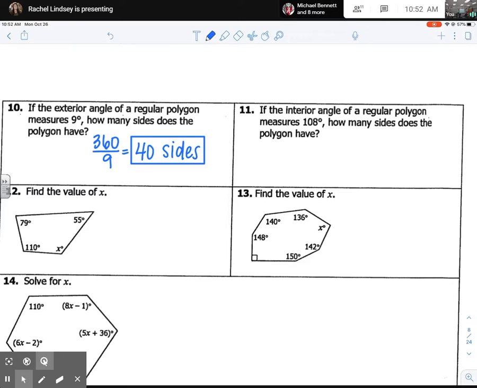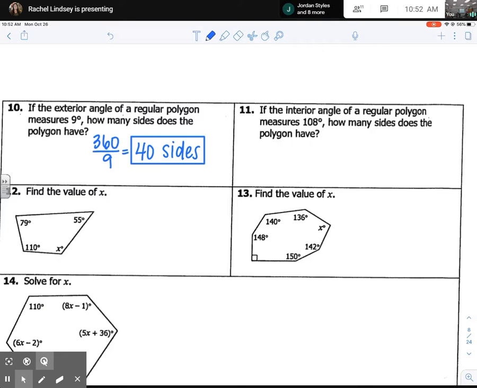Okay, if the interior angle of a regular polygon is 108, how many sides does that polygon have? With this one, it's talking about interior angles. We can't do this with interior angles because we don't know the number of sides and we don't know the sum of all the angles. So we are going to change this to an exterior angle problem.